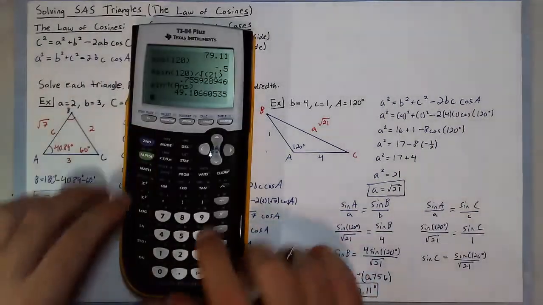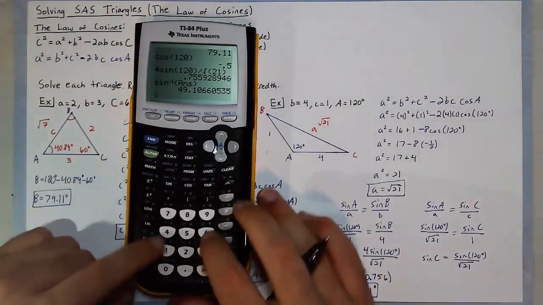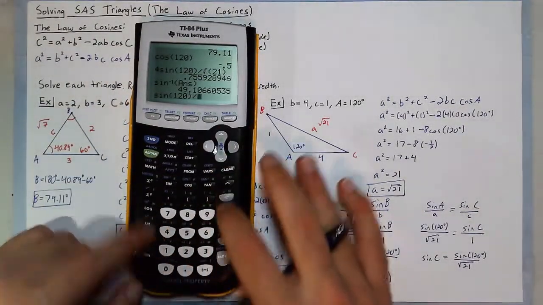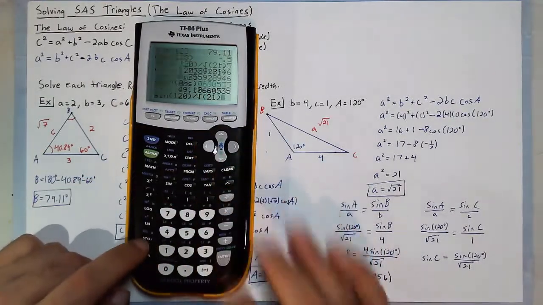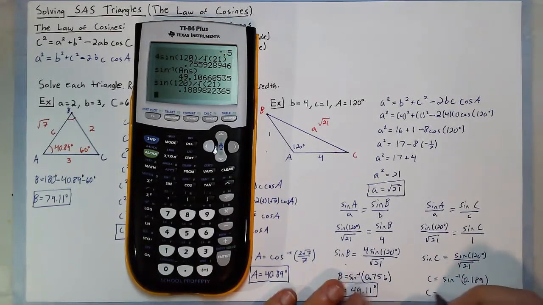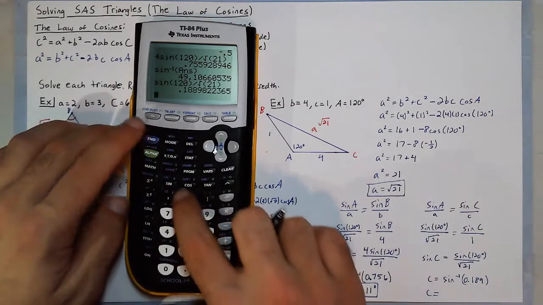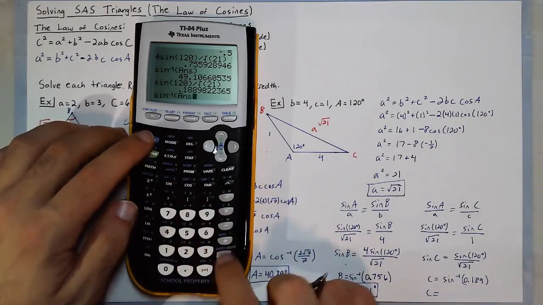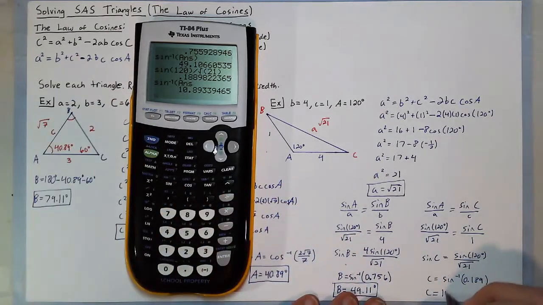The value of that is, let me plug that in, 0.189. So now I can say C is equal to sine inverse of that value to find the angle for C. And I get 10.89 degrees.